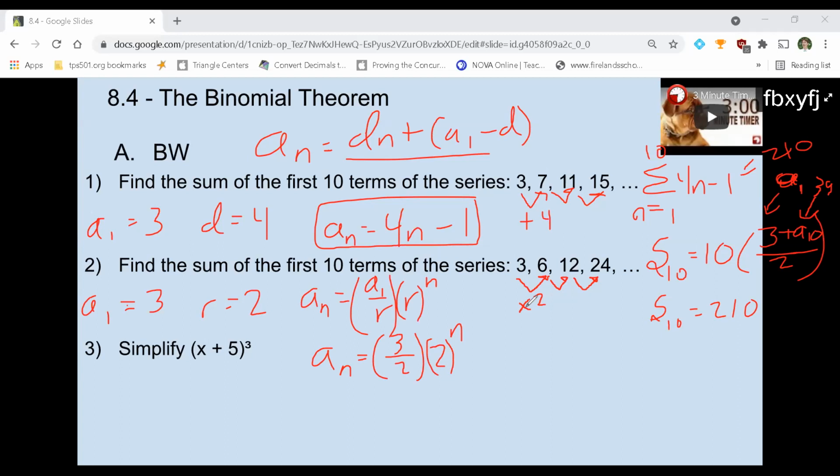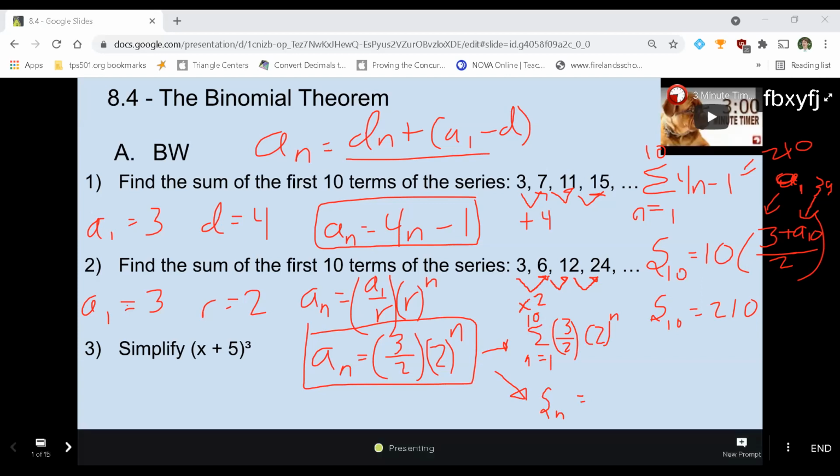And again, you've got two choices. Once you have your formula, you could just in a calculator do the sum of the first number to the 10th number of this formula. Or the summation one for this one is a bit more complicated.